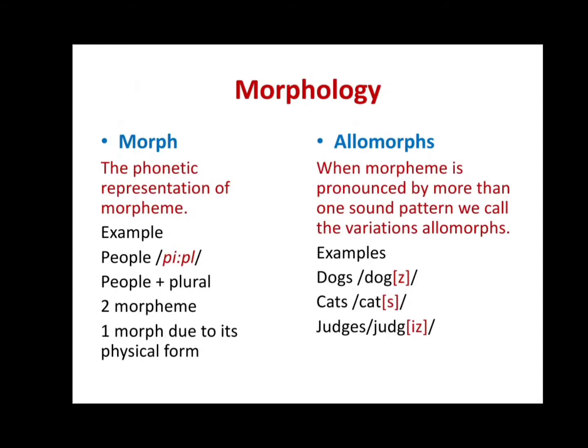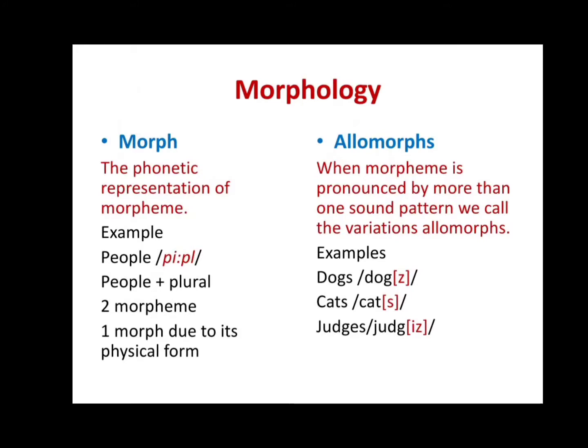In morphology, we study morph and allomorph. What is morph? The phonetic representation of morpheme, the phonetic realization of morpheme, the physical representation through which a morpheme is represented is called morph.